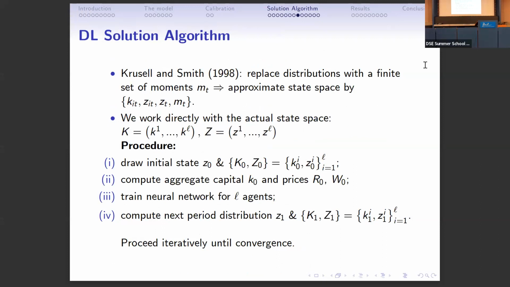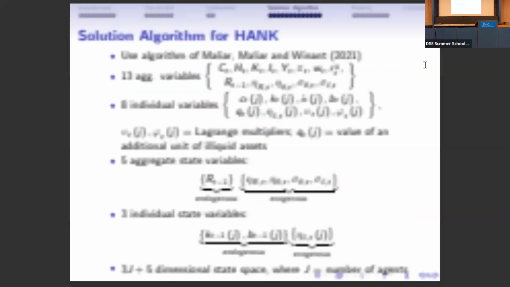You compute individual capitals by training a neural network for L agents, and then you find aggregate capital by averaging individual capital.